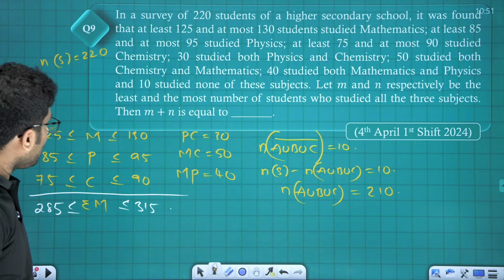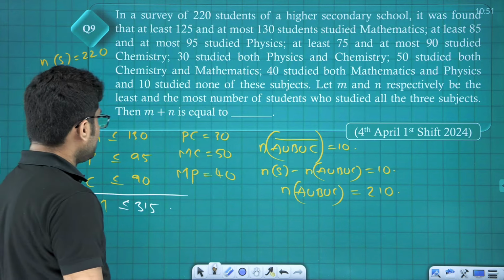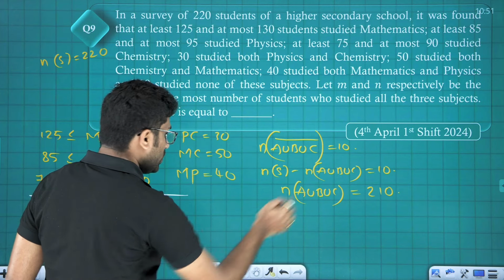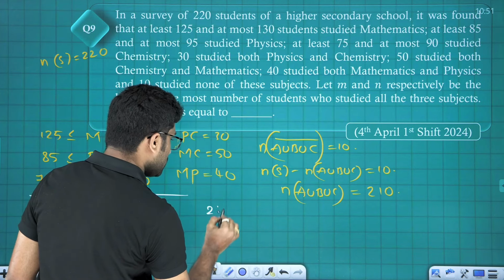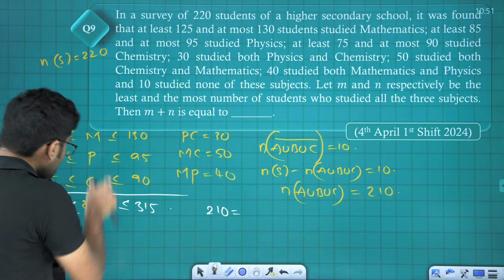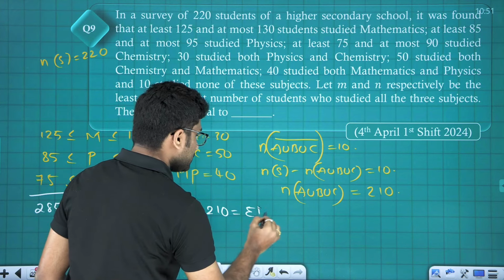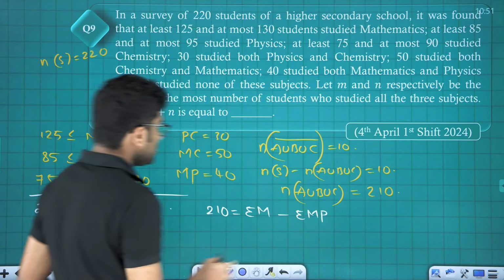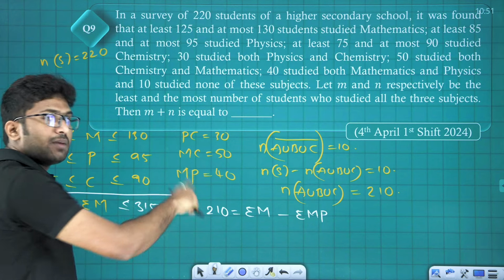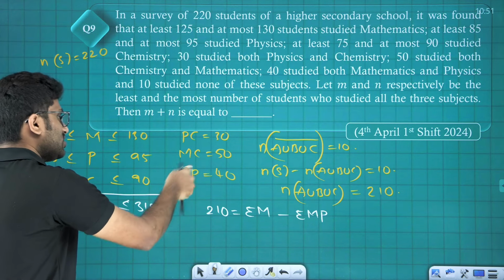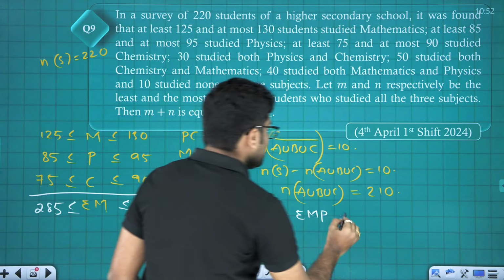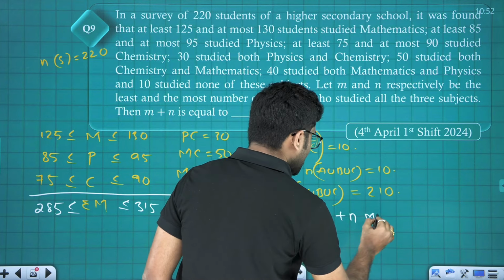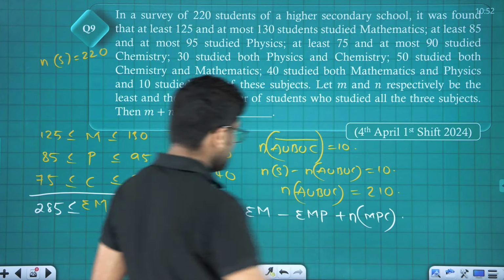Now what do we need? Friends, N of A union B union C is always equal to sigma m minus sigma MP, that is sigma P intersection C minus sigma M intersection C, plus N of M intersection P intersection C, that is N of MPC.